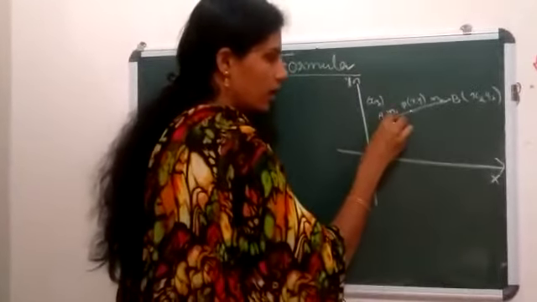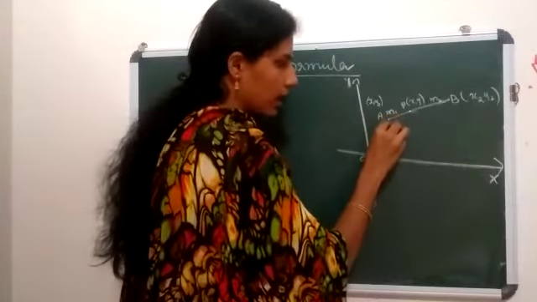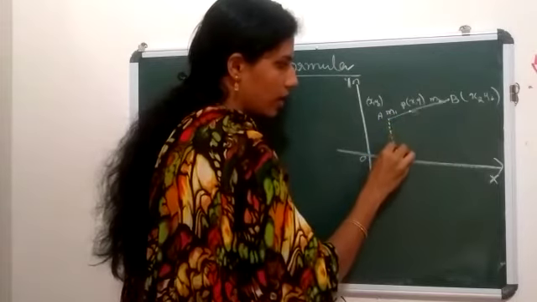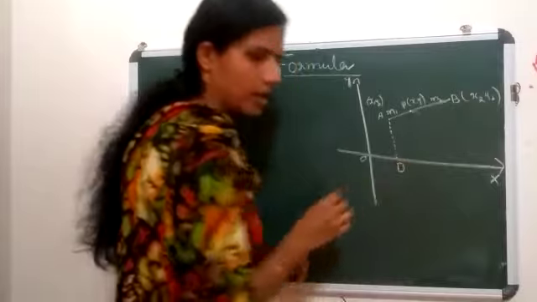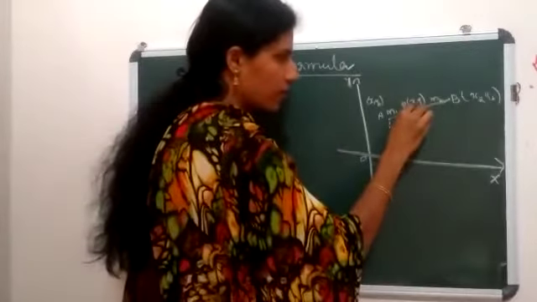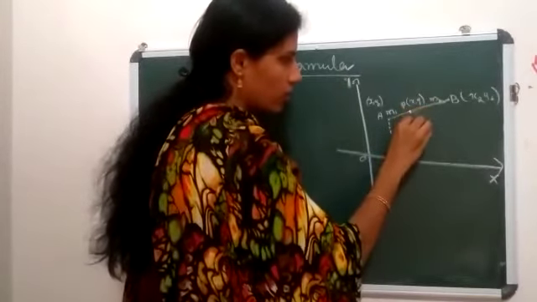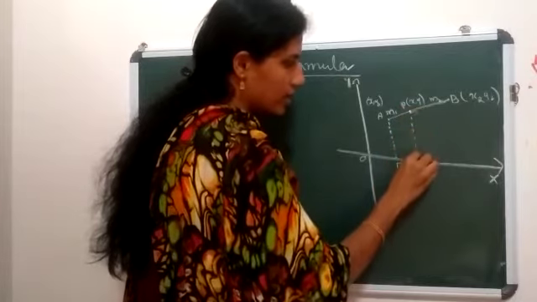Now I am going to draw a perpendicular line from A to the x-axis. I am going to denote it as D. Same way, from P, I am going to draw one perpendicular line to the x-axis.